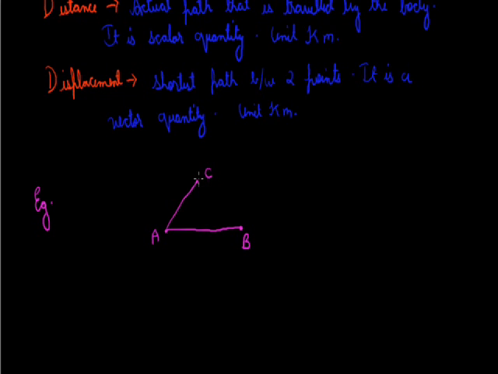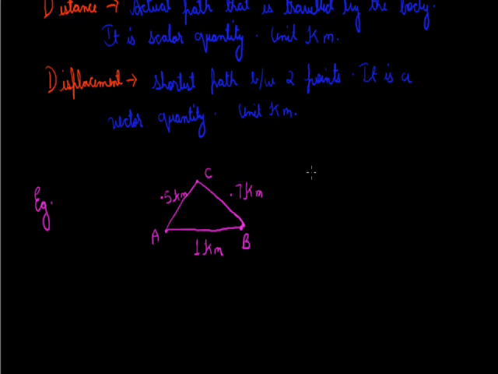So he decides that first he will move from A to C and from C to B. And the distance between AB is 1 kilometer. Distance between AC is 0.5 kilometers, while distance between C and B is 0.7 kilometer.